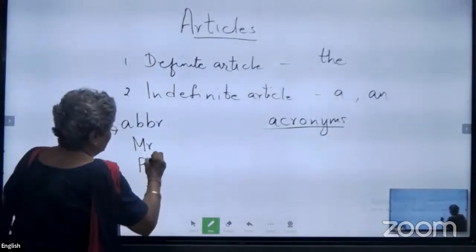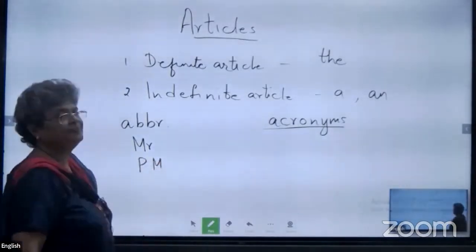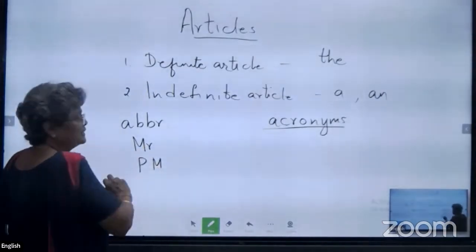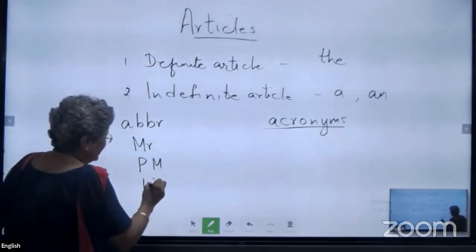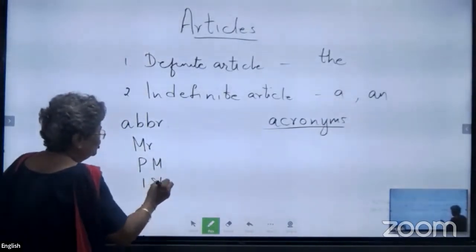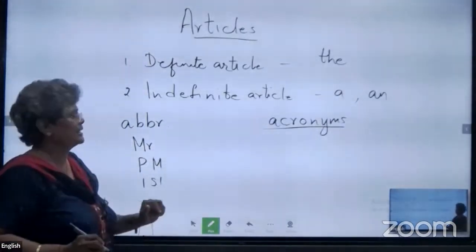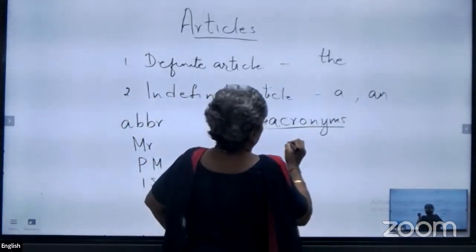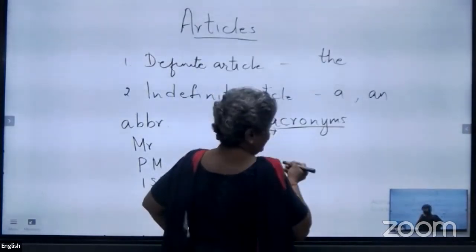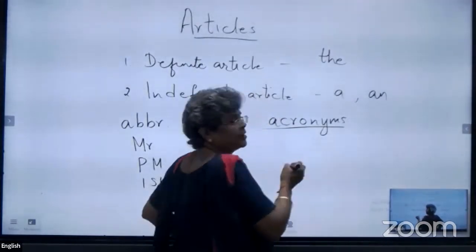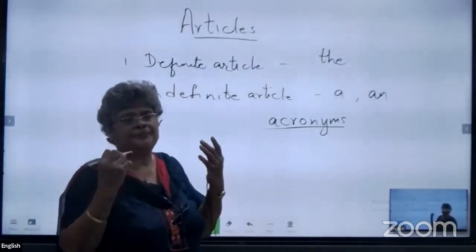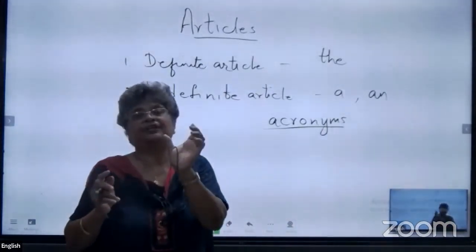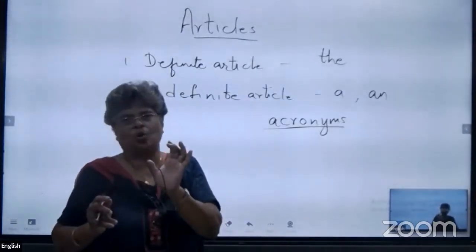PM. After the abbreviation, there's always a dot. ISI mark. And you spell out each letter. But acronyms, like, take for example, ICRISAT, SAARC countries, all these, though they are abbreviations, you pronounce as a whole.